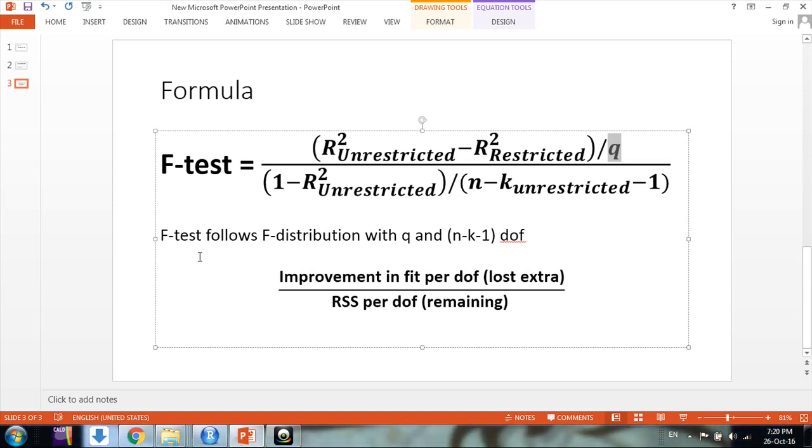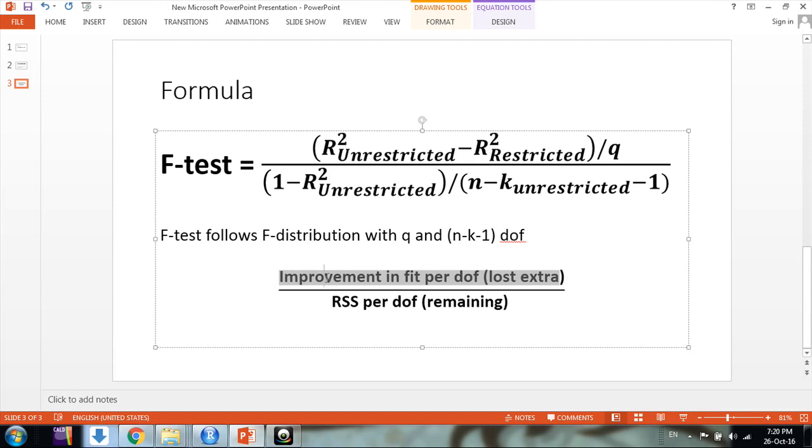So friends, now I want to show here what is the notion behind F-test. Just see, in the numerator part, we are computing the improvement in fit per degree of freedom we are losing. Okay friends, when we increase number of variables in a model, R square would increase for sure.